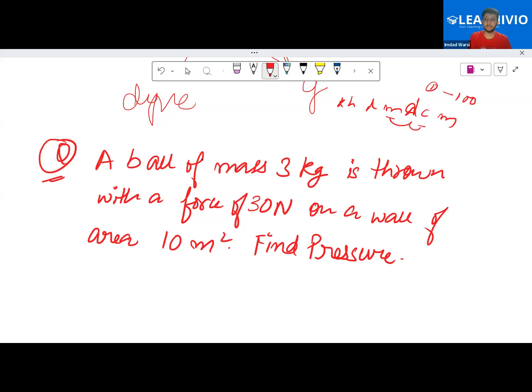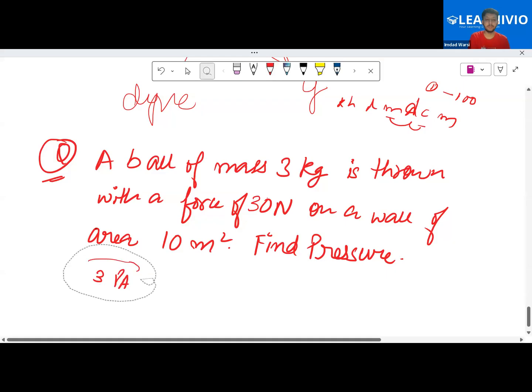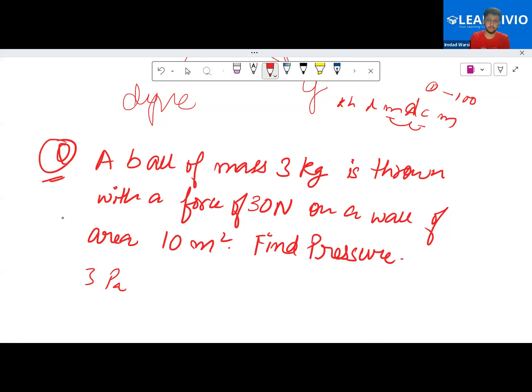Pressure equals 3 Pa, pascals. That is your answer. Okay. How did you do it? I did pressure equals force by area.